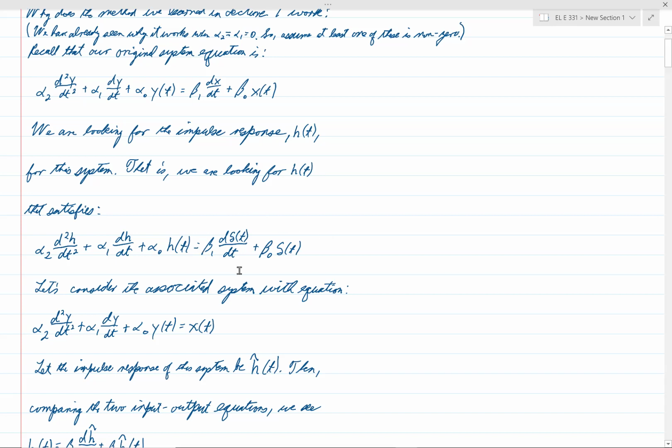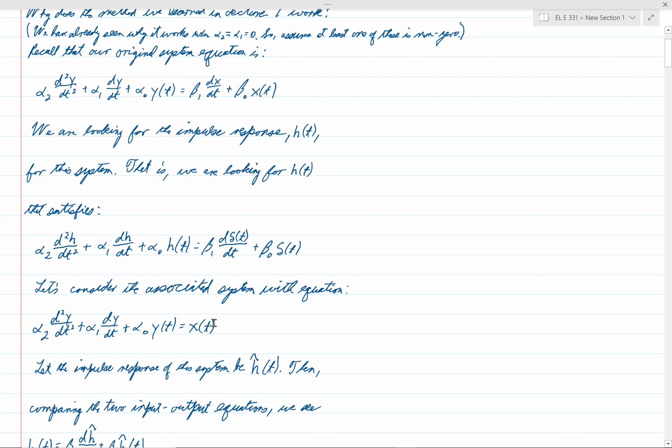Okay? So what we're going to do to begin with is the following. This right-hand side here is a little bit complicated. We would like it better if this was simpler. So we're going to go back to this original system equation, and instead of considering a system that has this system equation, we're going to look at an associated system that has this equation down here.